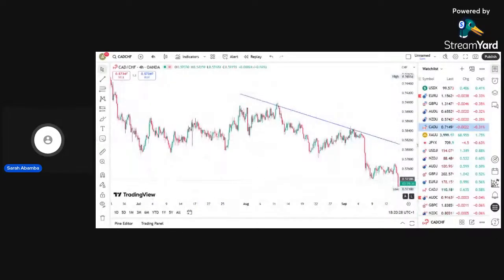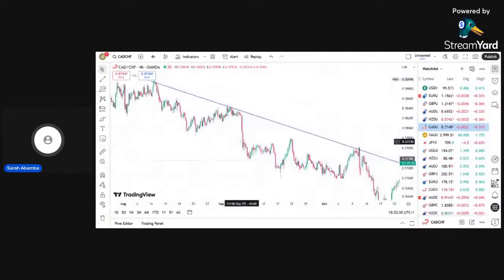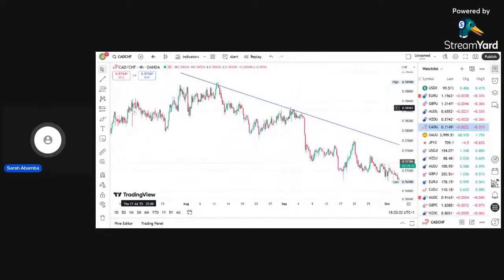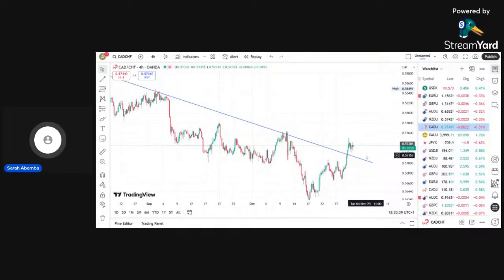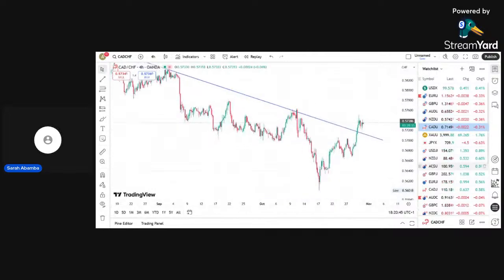So I've marked support and resistance, and I'm scrolling through my chart now. No, that is a single top and bottom. I've not really seen a bearish pin bar, but I've seen a bullish pin bar that the market respected.